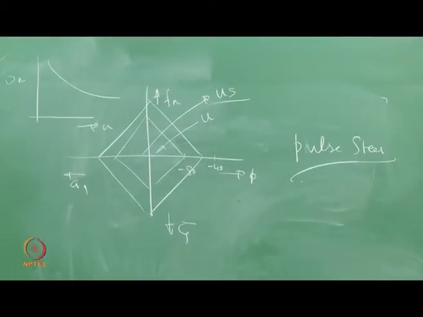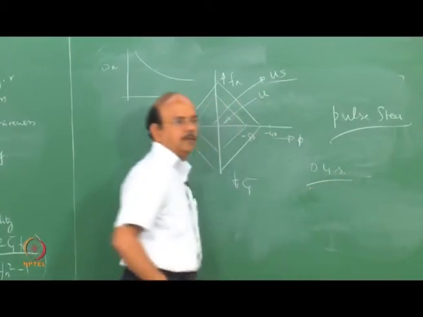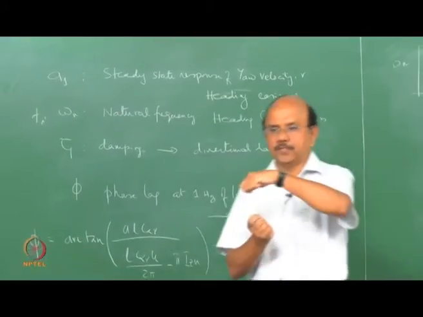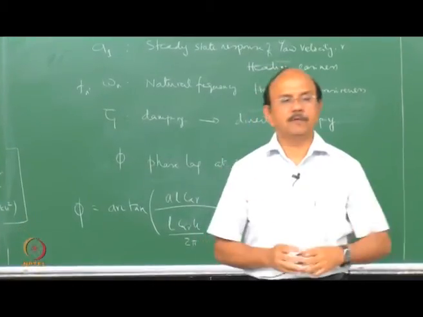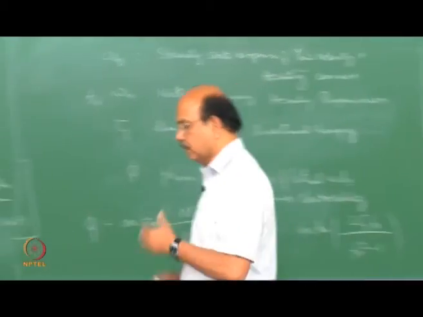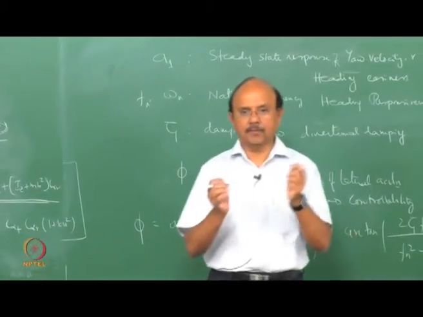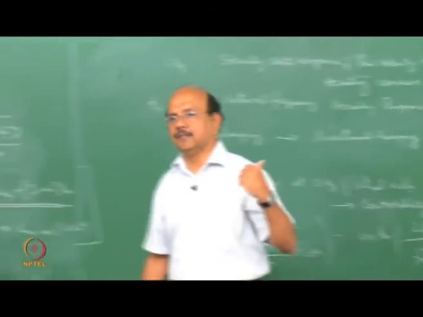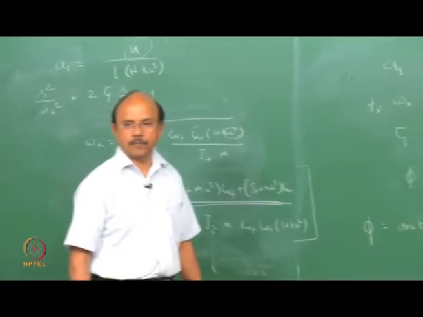In a pulse steer test, in a matter of 0.4 seconds, a steering input of about 60 degrees and back is given. So that's the pulse steer. You give a pulse actually to the system. It's like giving an impulse. So the pulse excites a number of frequencies. And that's the reason why we gave a pulse to the system.